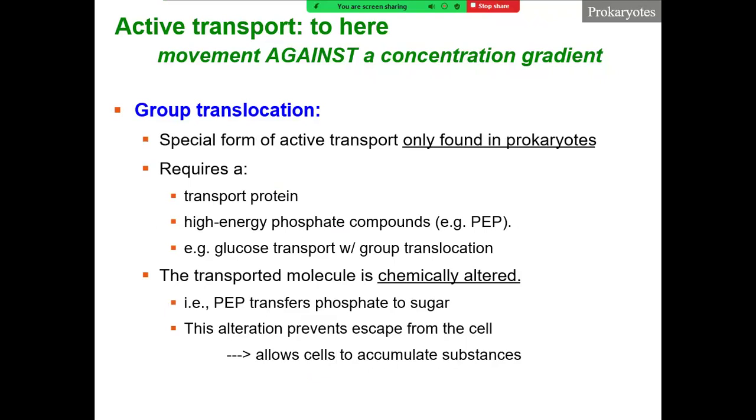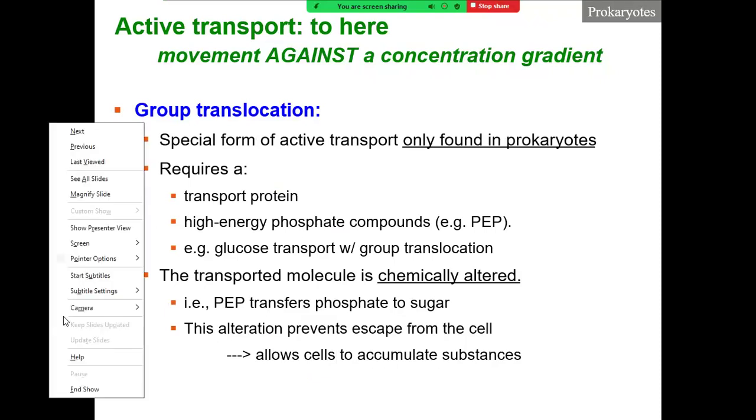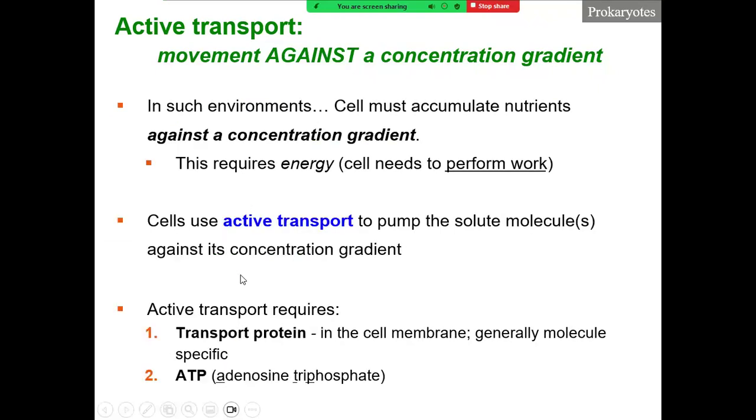All right. So in eukaryotes, the only way we can move molecules against their concentration gradient is by using active transport, where we have a transport protein which pumps the molecule through the cell membrane against its concentration gradient.